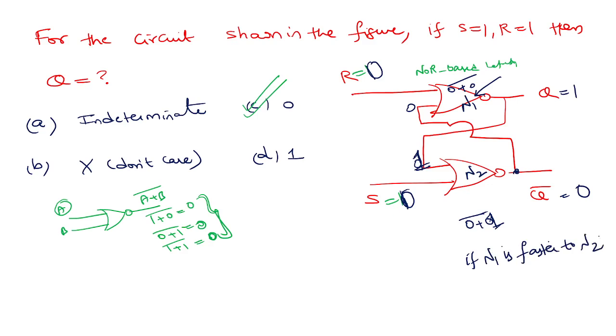If N2 is faster than N1, then the entire equation will change. That means this latch is not working based on R and S, but based on the internal details of the components used in the circuit, which is not desirable at all.